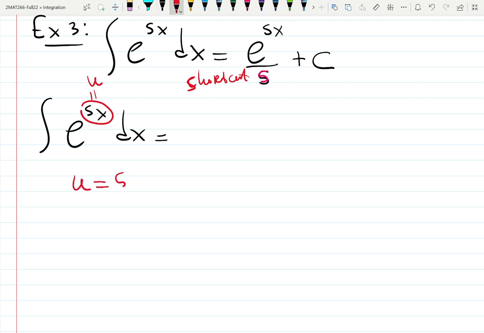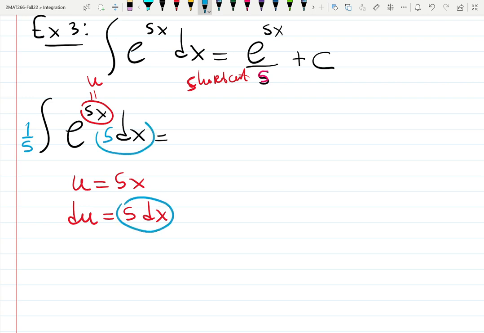Let u be 5x. du is then 5 dx, since the derivative of 5x is 5. Now choose the method you like. You need 5 dx, but I have just dx. So I multiply by 5 and divide by 5. Make sense? Because we need this composition, so I just made it happen. That will be a perfect du.